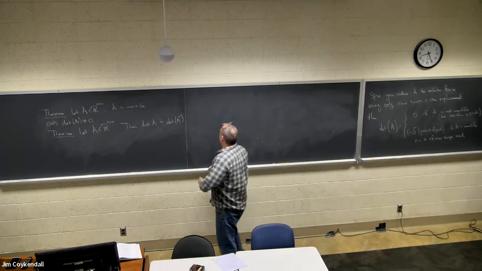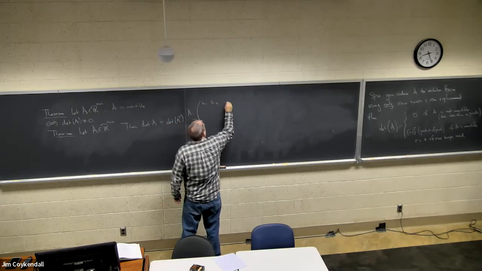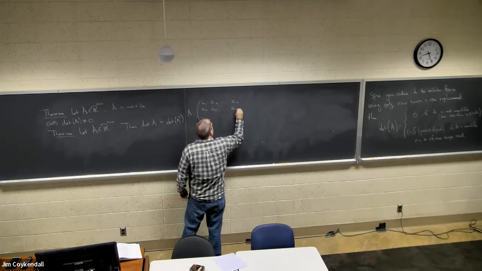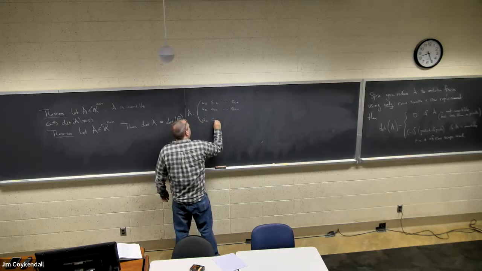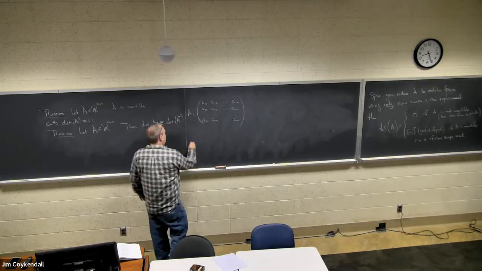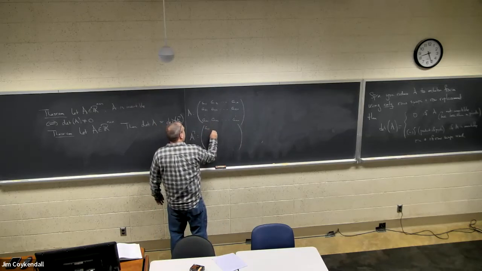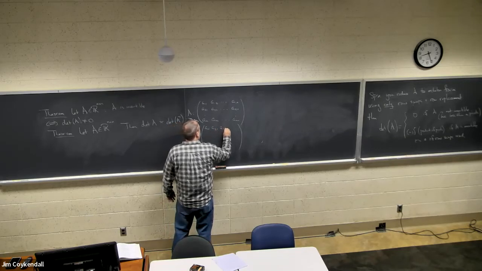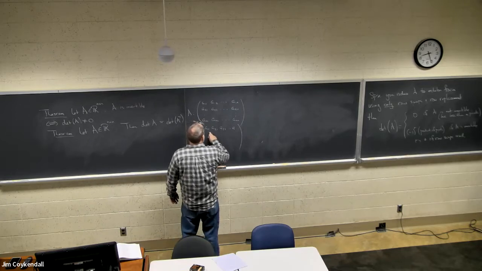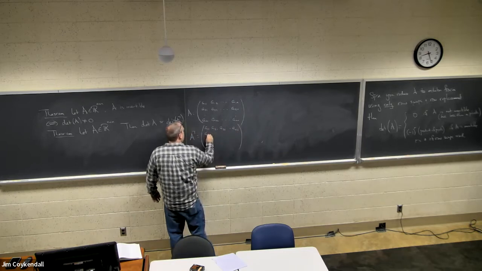Let's look at a picture of this. If A looks like this, that's what A looks like. Then A transpose looks like this.